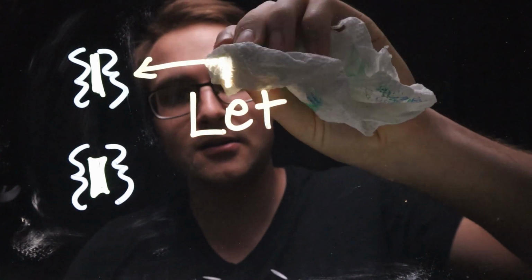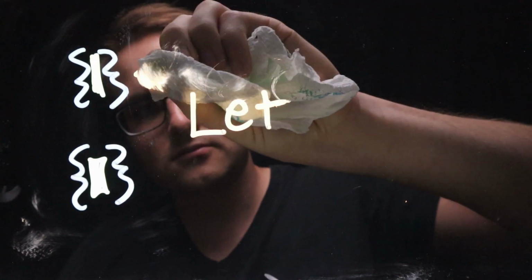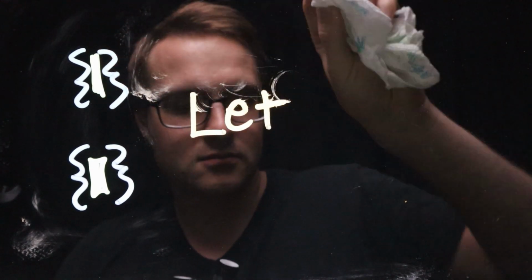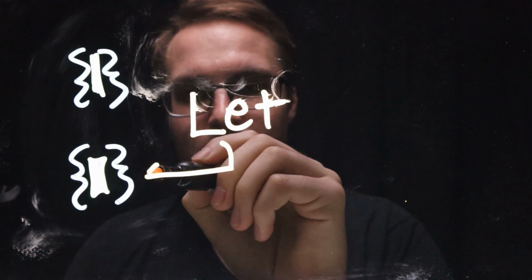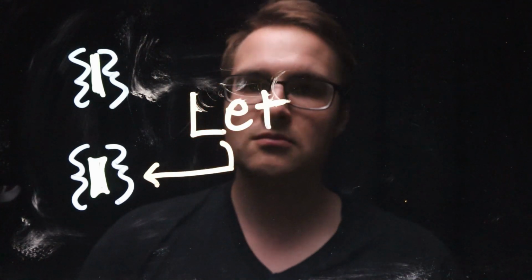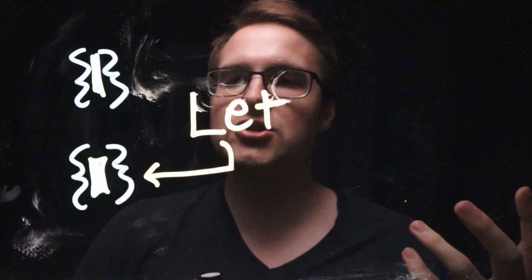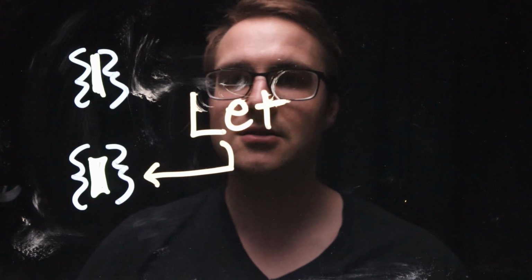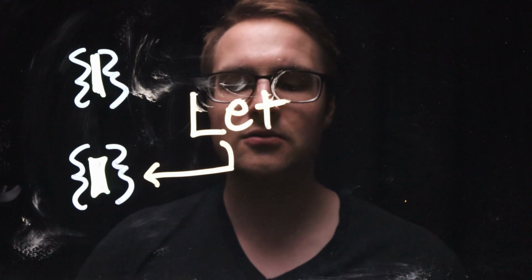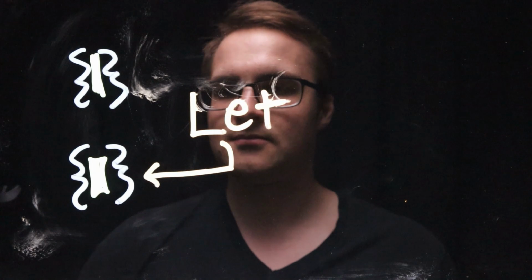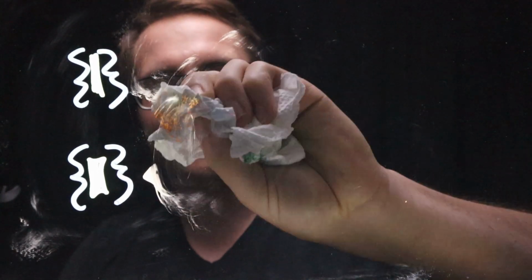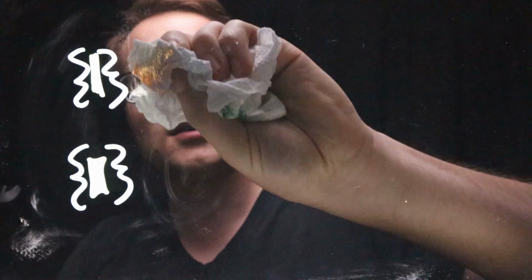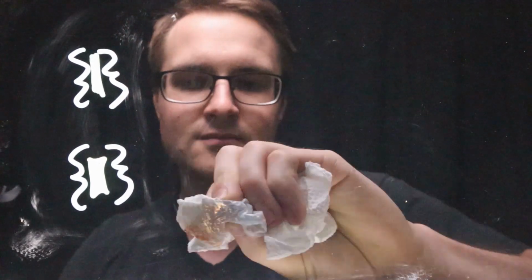There's no locking. You can say later on, I want it to be over here. I want to just change its assignment to this object. And there'll be no problem with that. That's the difference between const and let.